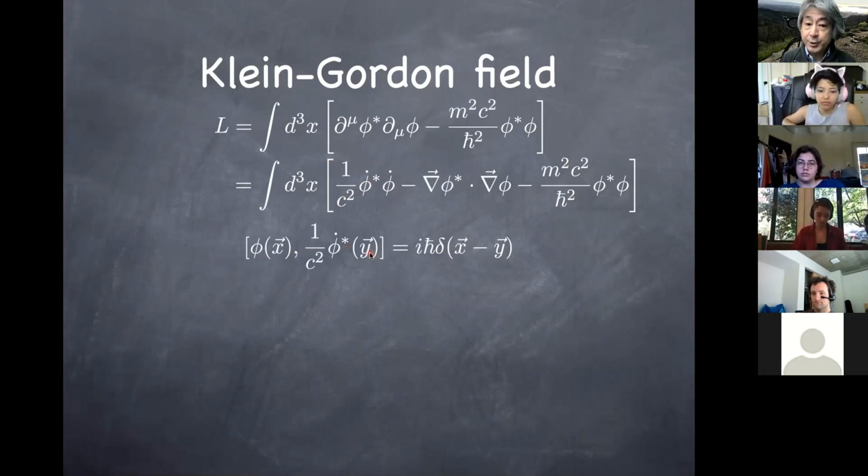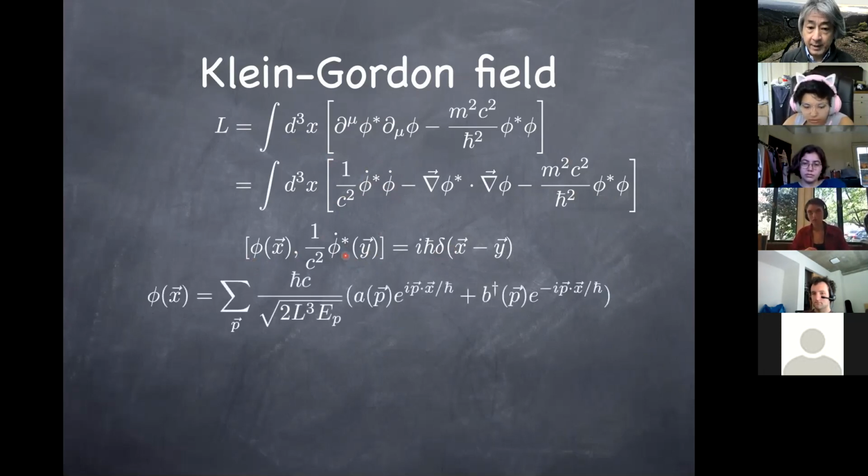So here's the canonical commutation relation between phi and phi star dot. And it turns out that that is consistent with the creation annihilation operator, which is now given in terms of this mode expansion of the field operator phi. Some complicated normalization factor, but let's not worry about it for now. And here's the annihilation operator A and creation operator B dagger. And this is not A dagger because we assume phi is a complex field, not necessarily Hermitian.